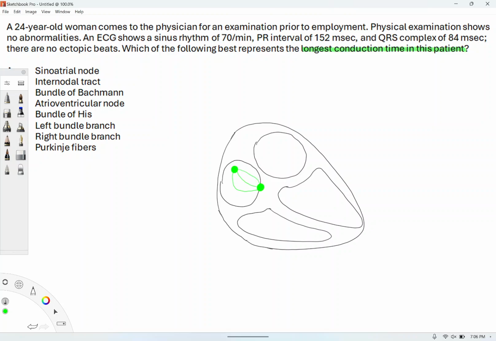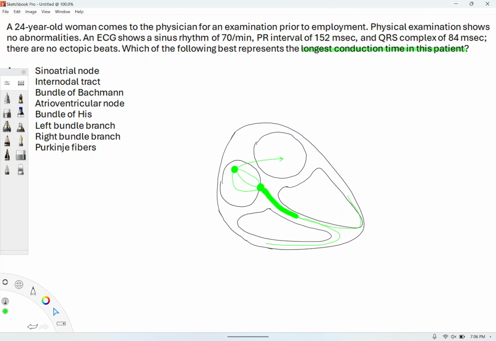So that's one. And then there is a tract or bundle going from the SA node to the left atrium. And then we should have the bundle of His, which can then split into the right and left bundle branches, right?